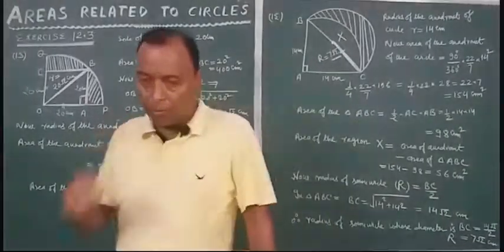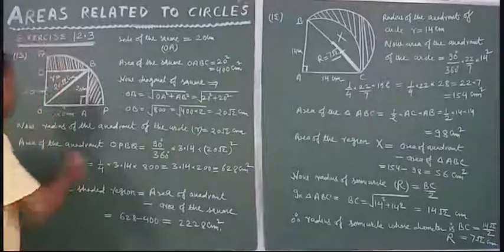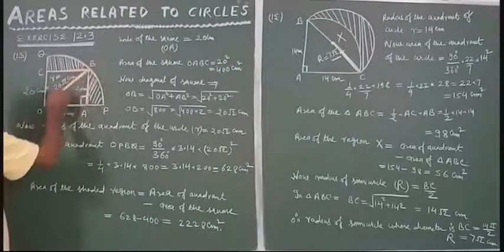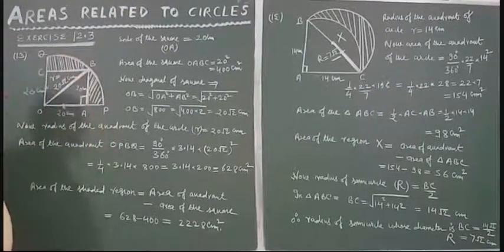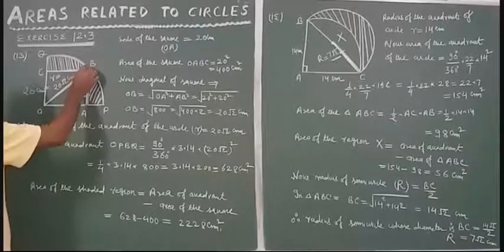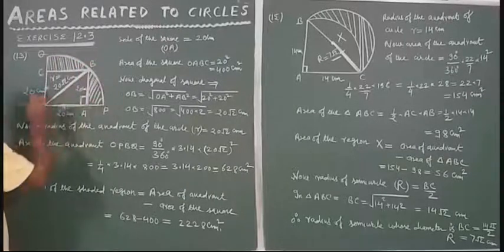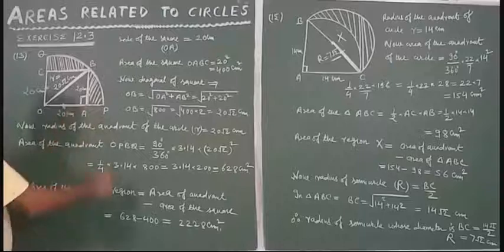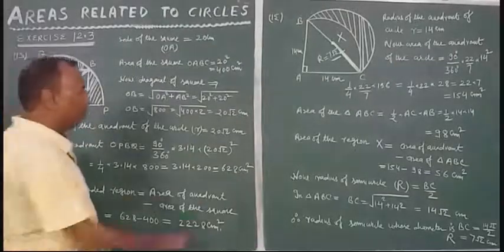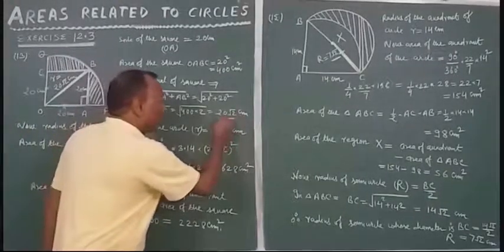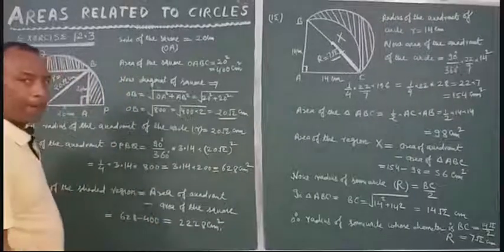Now just look, this OB is also the radius of the quadrant. Is it not? So the radius R of the quadrant of the circle will be 20 under root 2, which is equal to the diagonal of the square.